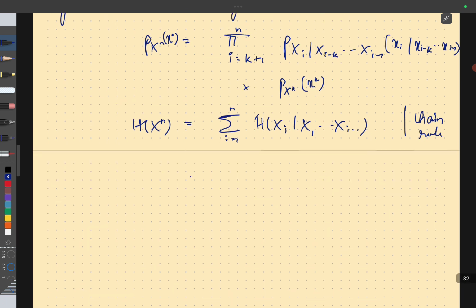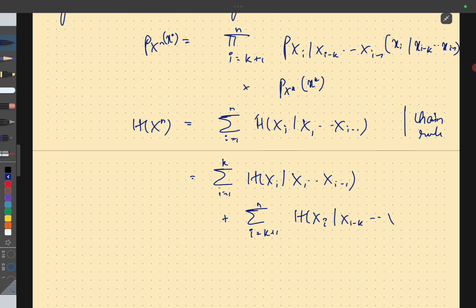And this is equal to, well, I leave the first k terms as they are, the sum from i equals 1 to k of H(X_i given X_1 up to X_{i-1}), plus the summation from i equals k plus 1 up to n of H(X_i given, now remember, for a kth order Markov chain, the ith symbol depends only on the previous k symbols, nothing else beyond that, so this is X_{i-k} up to X_{i-1}).